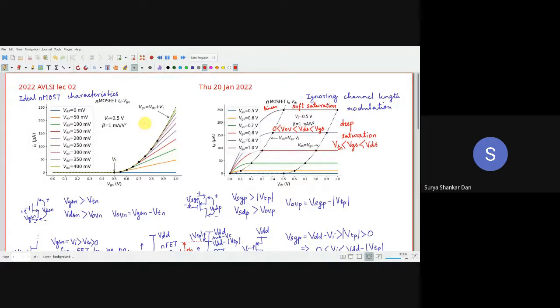Now, how to use these devices, forget about whether it is a MOSFET or anything, for analog application and digital application. Very important point. First thing, in digital, we are considering it only as an electronic switch.